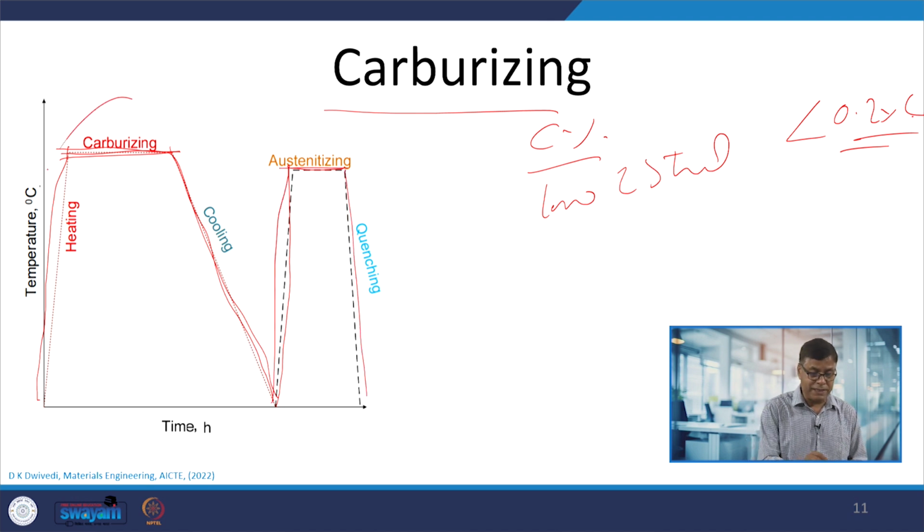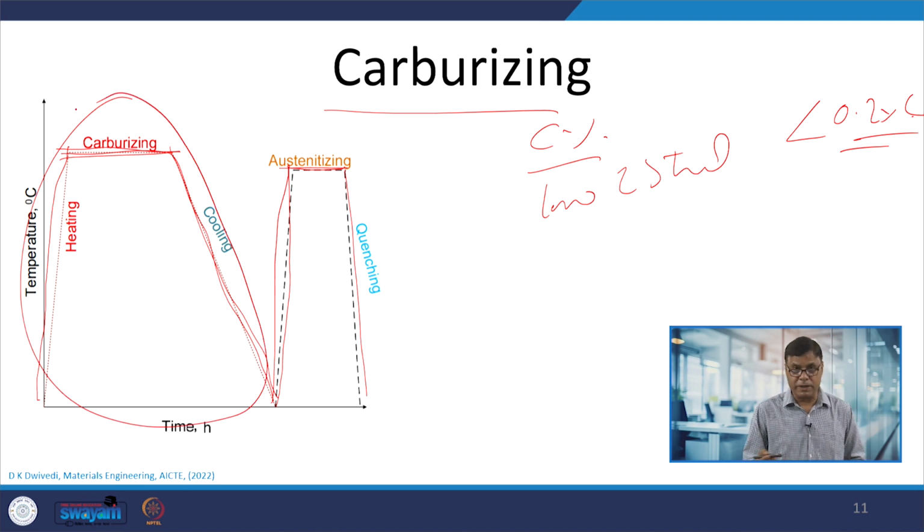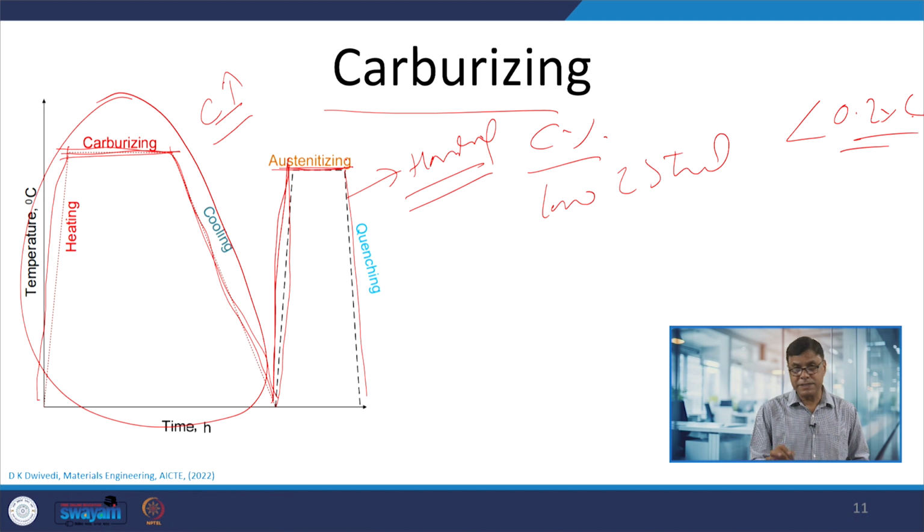So, the first stage in case of carburizing, especially pack carburizing, is the carbon enrichment. The second stage is the hardening heat treatment: reheating to the austenitic state followed by rapid cooling, that is the quenching, so that whatever carbon has been introduced at the surface layers can be used to transform the austenite into high carbon martensite.